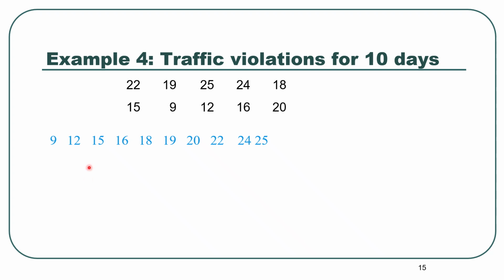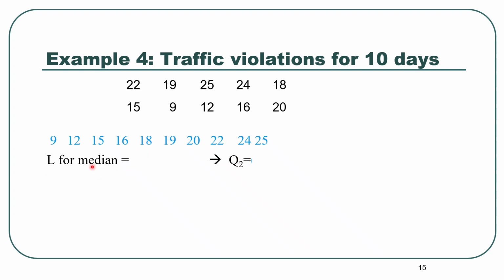To graph it, we need to find the minimum value, maximum value, Q1, Q2 and Q3. So we need to identify all of our quartiles, minimum and maximum value. This is the minimum and this is the maximum, and we need to decide whether we do have outliers or not, so that we are going to have a modified box plot or a regular box plot. So let us do that.